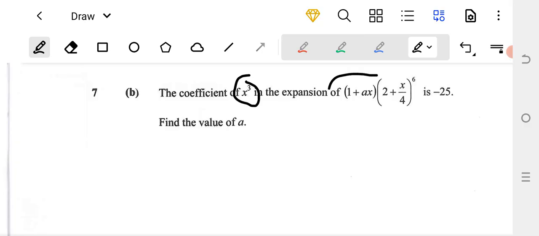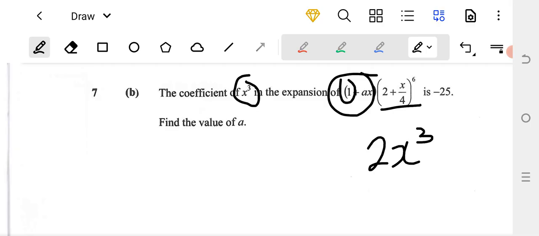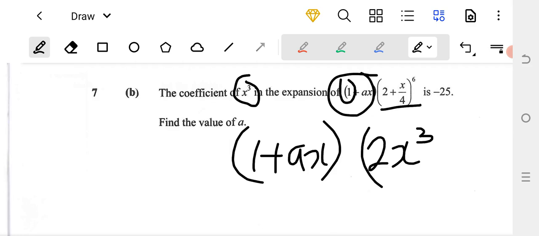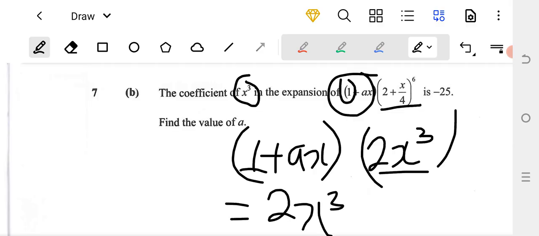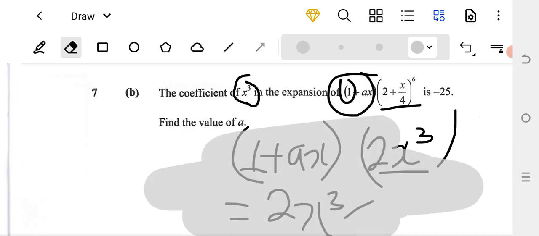So this bracket here, we'll leave it the way it is. Why am I saying reach power 3? Because if we expand this bracket and maybe we have 2x to the power 3, there is a 1 here, so it will be like 1 plus ax. Then this 1 multiplied by this is just going to give us 2x to the power 3. That's why we are expanding as far as the term having x to the power 3.